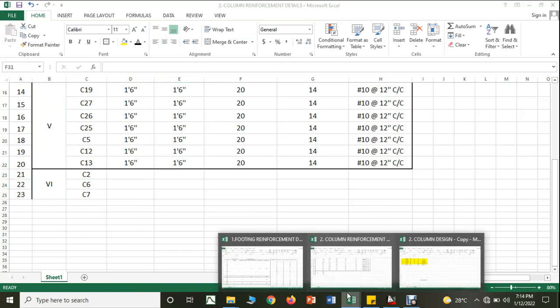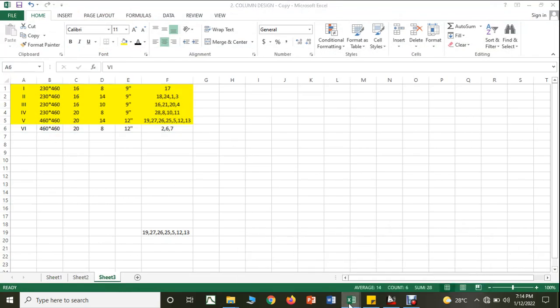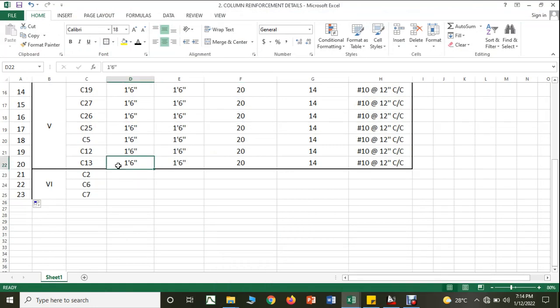So what is its dimension? Its dimension will be again 460 by 460, that is 1 feet 6 inch by 1 feet 6 inch only.